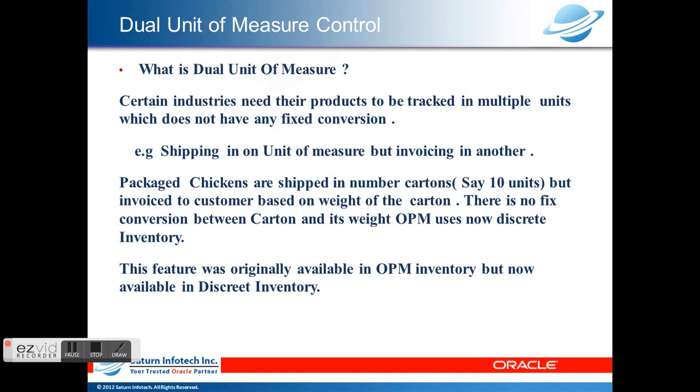For example, packaged chickens. Packaged chickens are normally shipped in a carton. Let's say a carton contains 10 or 12 chickens, but actually those are invoiced according to the weight of the carton, and there is no fixed conversion rate between the carton and its weight because all chickens are not of the same weight.